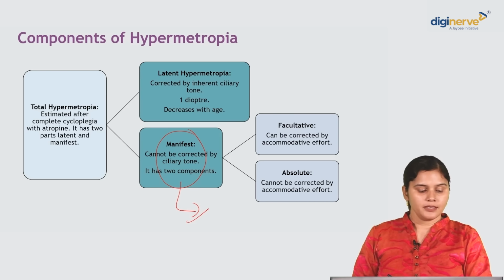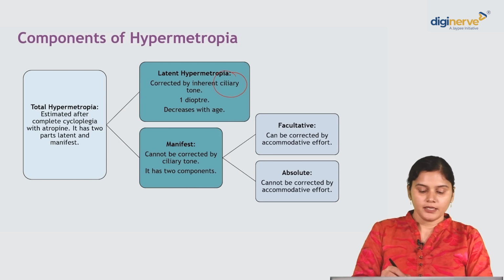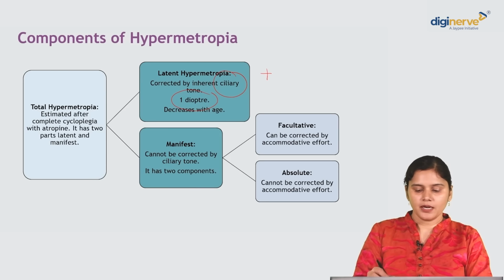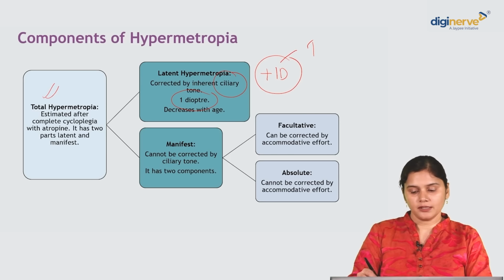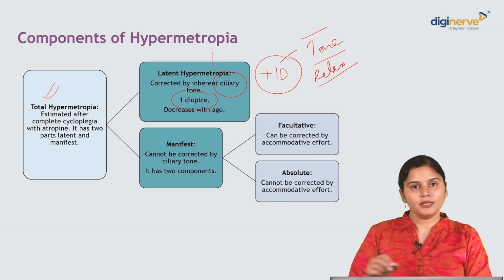Now, the ciliary body has its own inherent tone, which is 1 diopter. So plus 1 diopter of the total hyperopia is corrected by the inherent tone of the ciliary body. You do not need to correct this in normal children. You do not need to relax the tone of the ciliary body in all individuals.